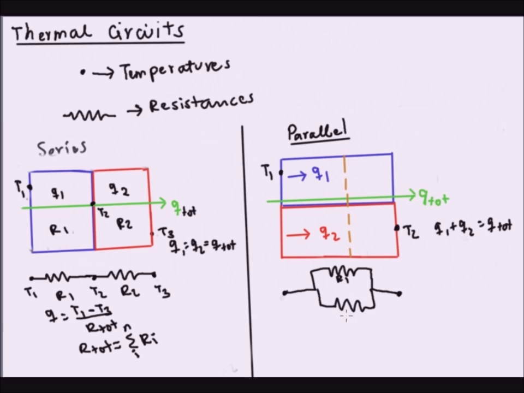This would be R1 and R2, and so the total heat rate is just the sum of each specific heat rate, or you can also express the total heat rate as the temperature difference divided by the total resistance. So Q total equals T1 minus T2 over R total.